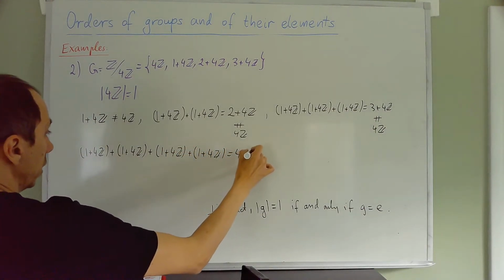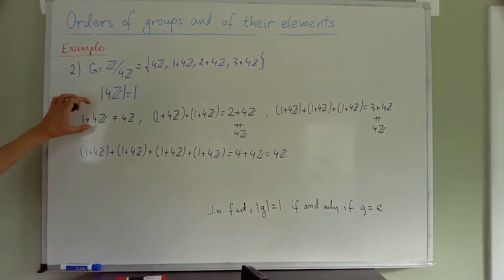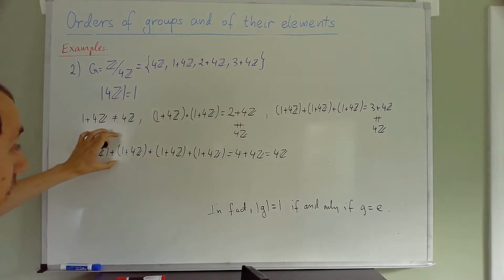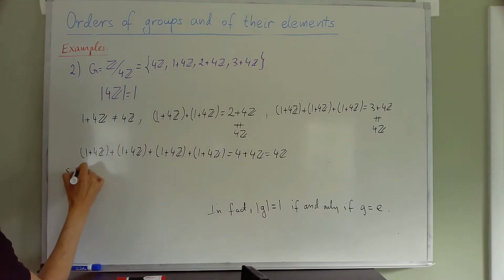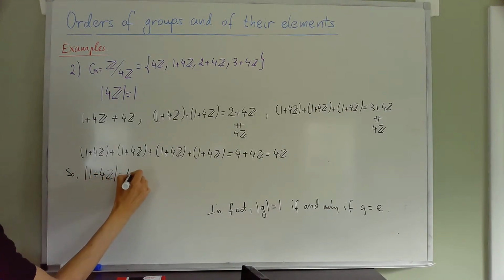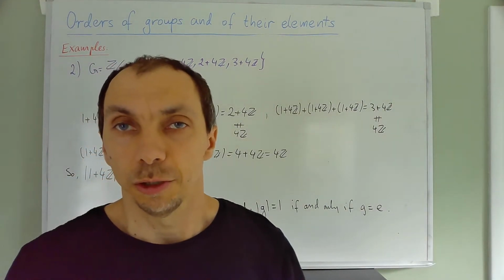That's 4 plus 4Z, that is 4Z. So this is this thing to the power 1, power 2, power 3, power 4. 4 was the smallest power that gave me the identity. So the order is 4.